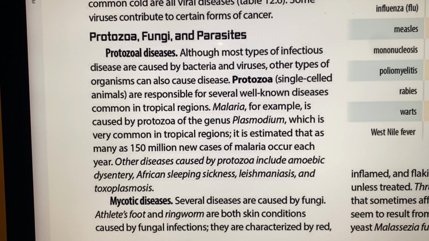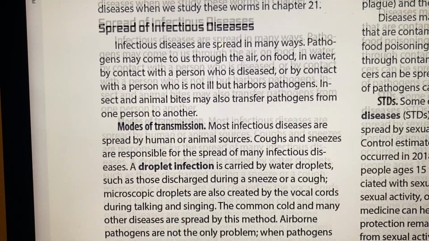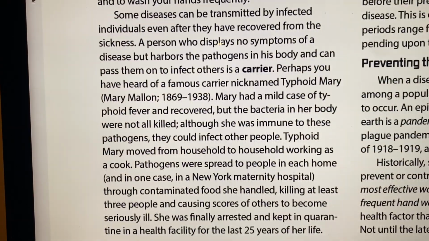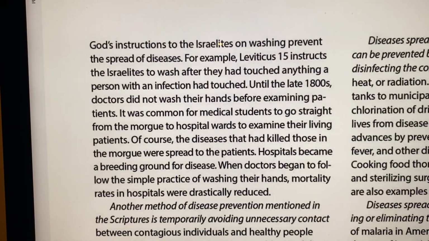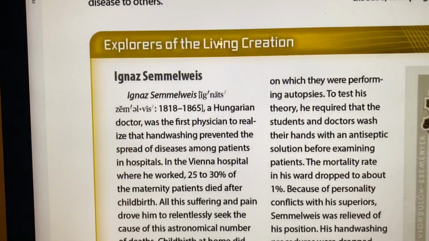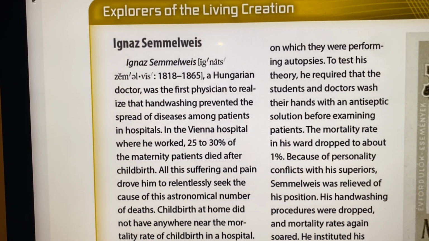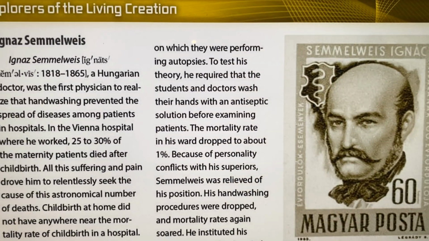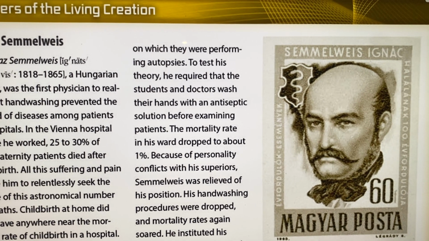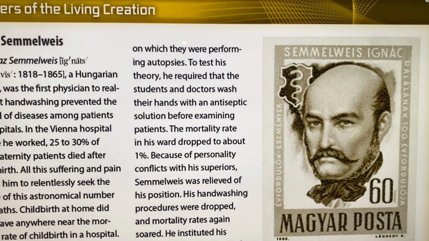So let's go on to the next part, which is the spread of infectious diseases. We're going to talk about this guy here in just a little bit, but before we talk about him, let's talk about the spread of infectious diseases.